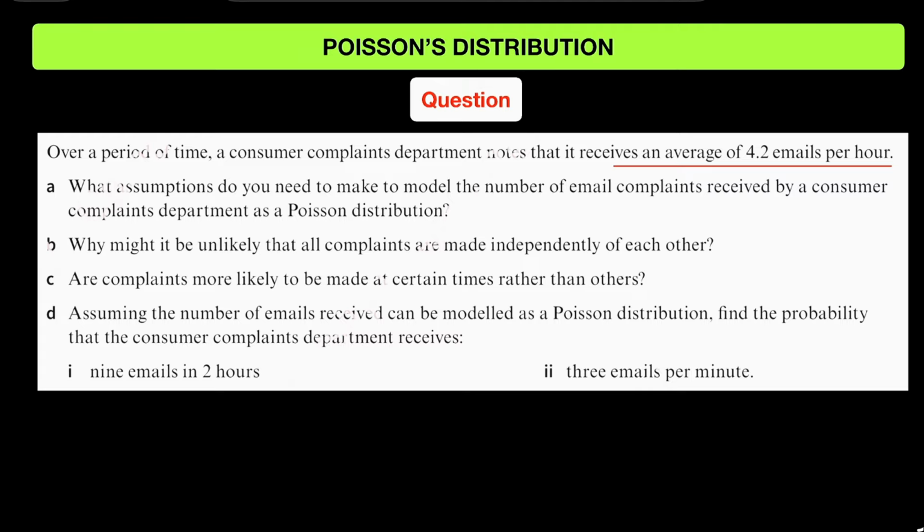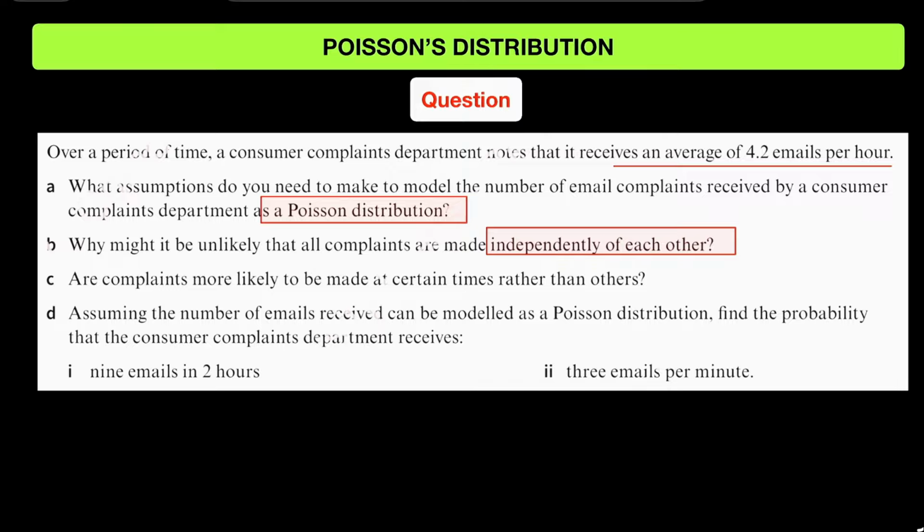What assumption do you need to make to model the number of email complaints received by the consumer complaint department as a Poisson distribution? First, they want us to know the possible assumptions for modeling this situation by a Poisson distribution. In the second part, they are asking why it might be likely that all the complaints are made independently of each other. So we need to give the possible answers for this one.